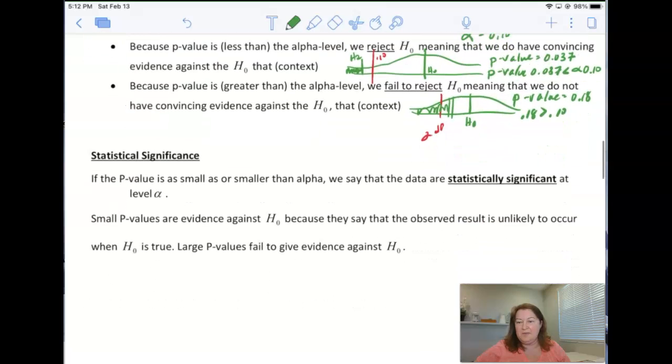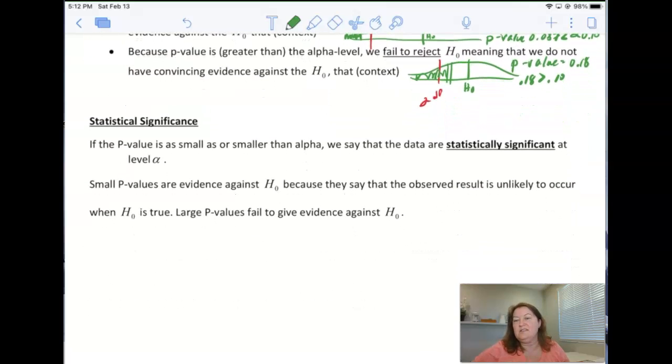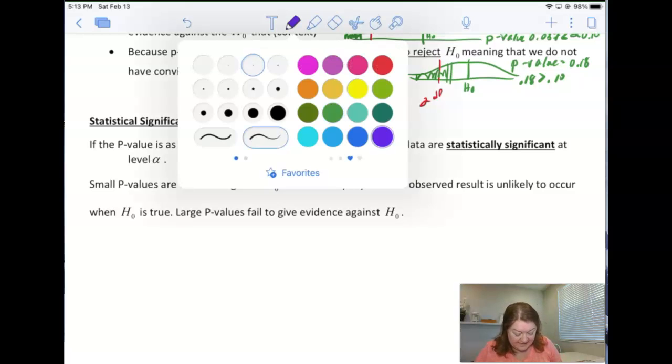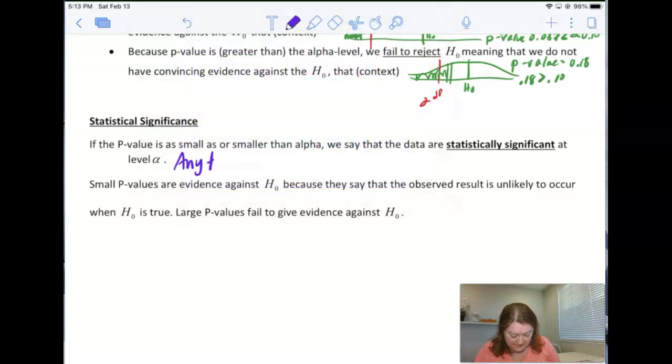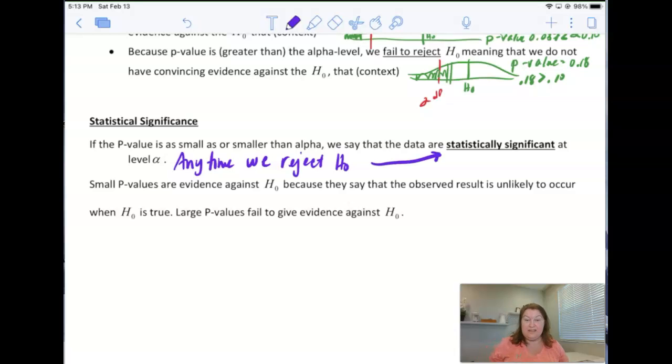Okay, the last item here we're going to talk about is statistical significance. If the p-value is as small as or smaller than the alpha, we're going to say that the data we collected, our sampling data, is statistically significant at that level. So that was the first case, right? Any time that we reject H sub O, we're going to say that that is statistically significant evidence.